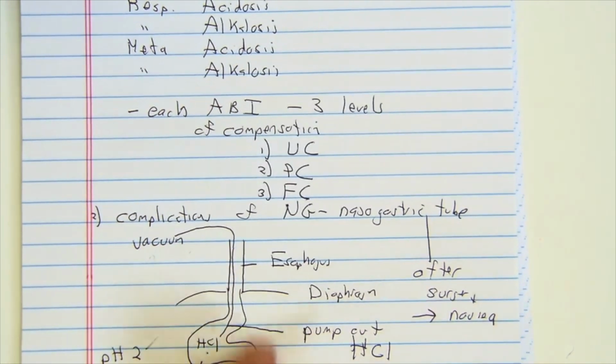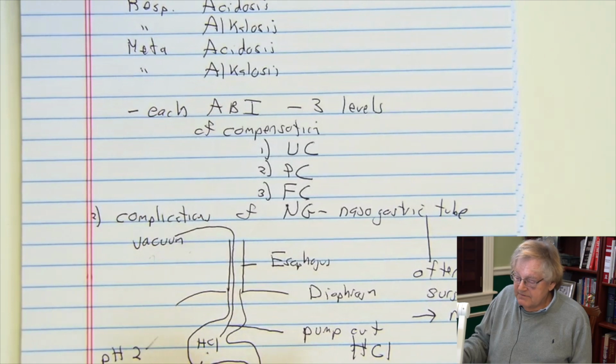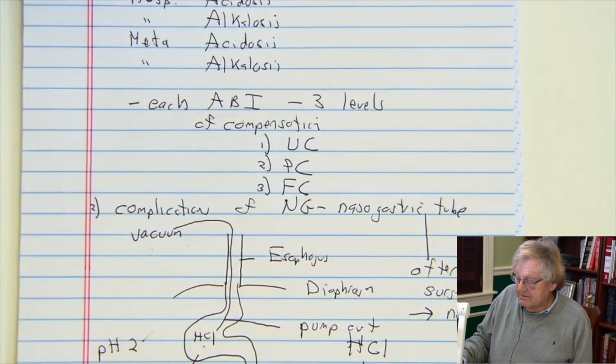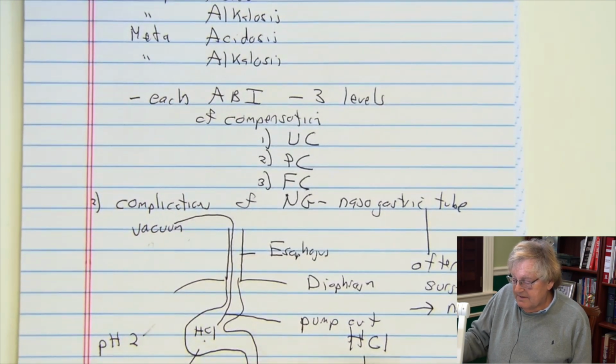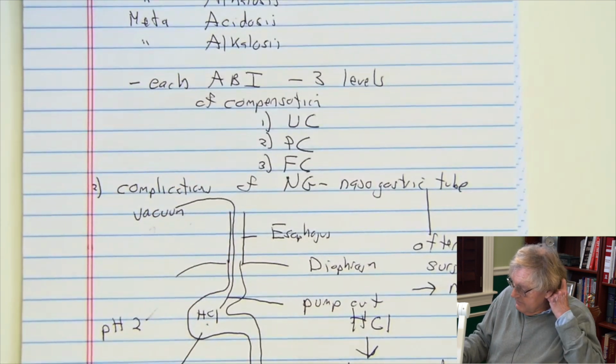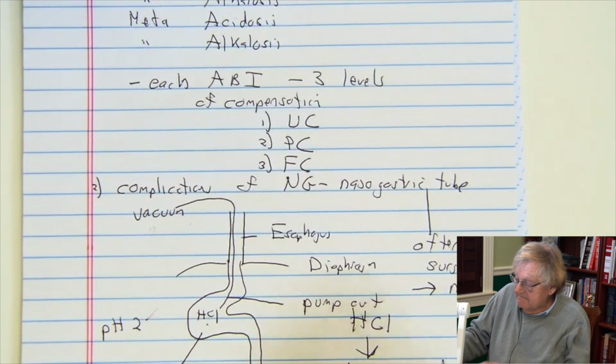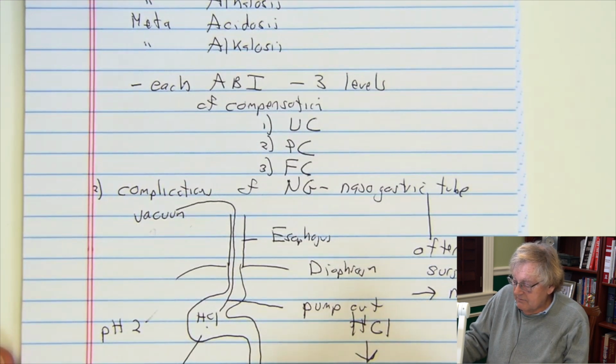And since this is metabolic, this is certainly nothing to do with the lungs. When I lose acid, if I don't monitor it carefully, especially the way I would irrigate it, as I lose acid, it will actually turn me to go into a metabolic alkalosis.